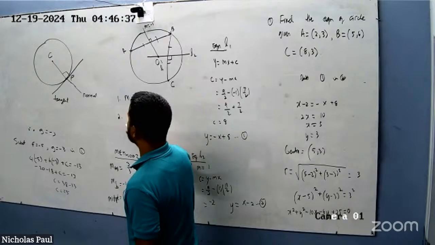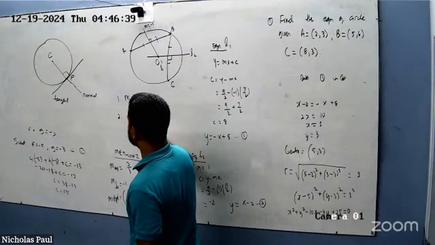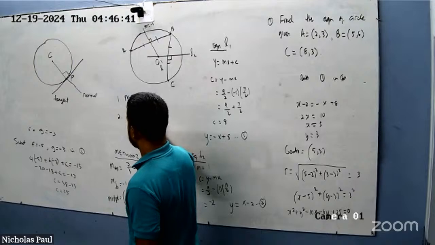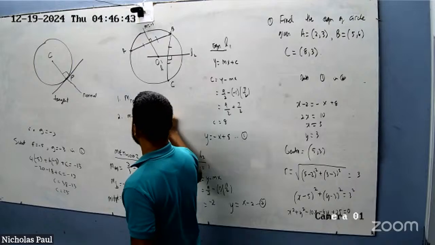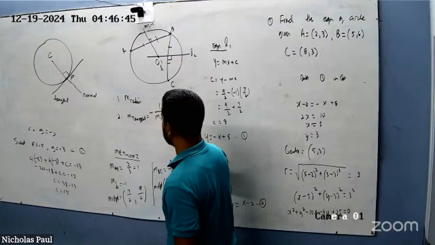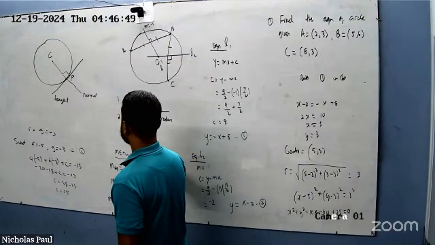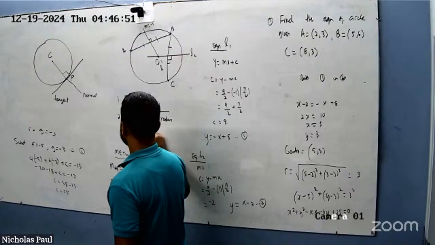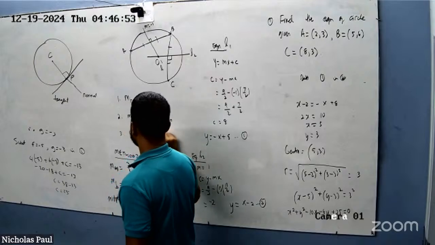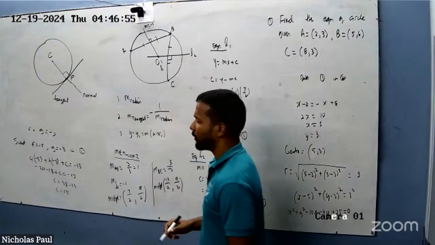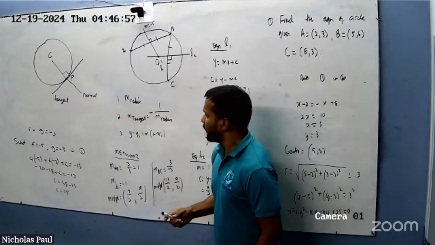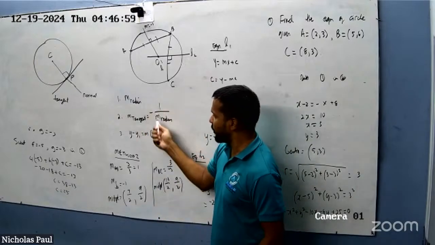Step two, gradient of the tangent. The gradient of the tangent is equal to negative 1 over the gradient of the radius.